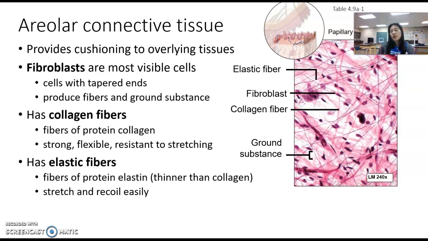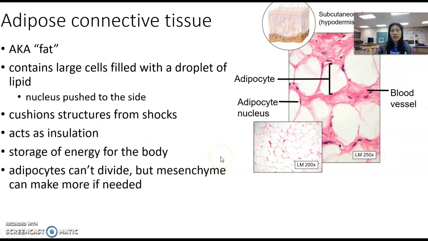Okay, so that is why mature adults, older people, need to take some collagen supplements, or need to take other supplements to boost their collagen level. And also it has elastic fibers of protein elastin, and it stretches and recoils easily.